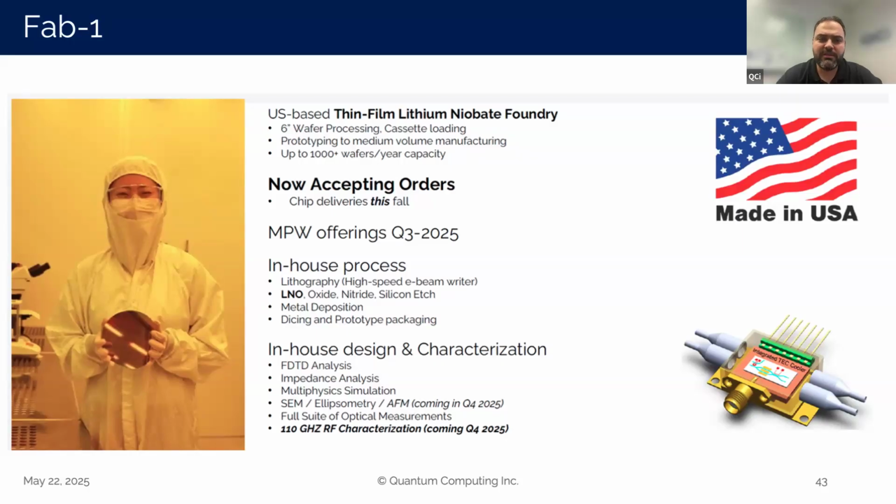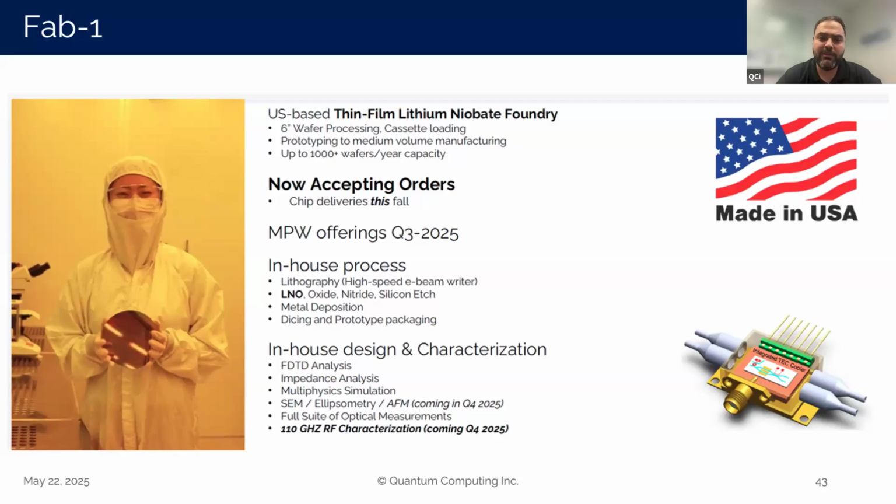Our in-house process includes lithography, and we use a high-speed e-beam writer, which is the key tool that enables us to do very fast prototyping of the designs of the circuits that we receive. We have the expertise of etching thin-film lithium niobate, and we can do oxide, nitride, and silicon etch as well. We can do metal deposition, and back-end processing of dicing and prototype packaging in a limited quantity format.